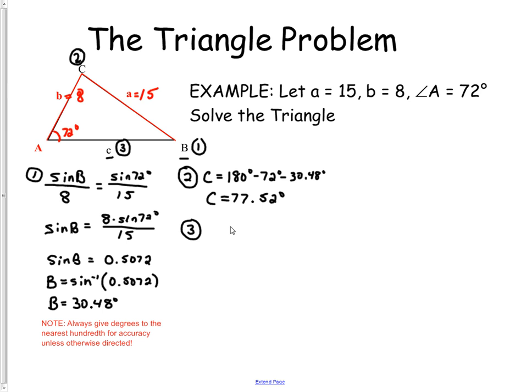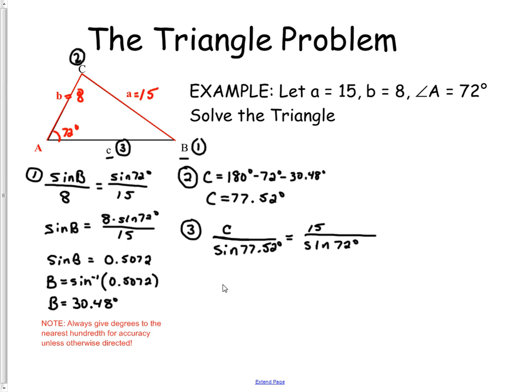I know that the length of side C divided by the sine of angle C, which is 77.52 degrees, is equal to, well, we could pick either of the two sides, but always go with the given one. So we're going to go with side A, which is 15, divided by the sine of its opposite angle, the sine of 72 degrees.